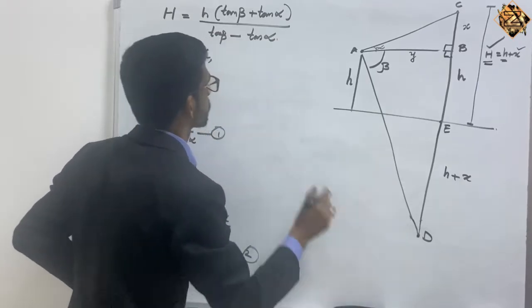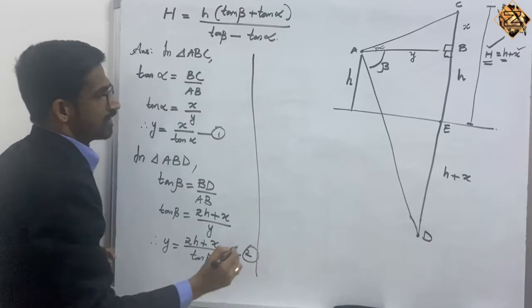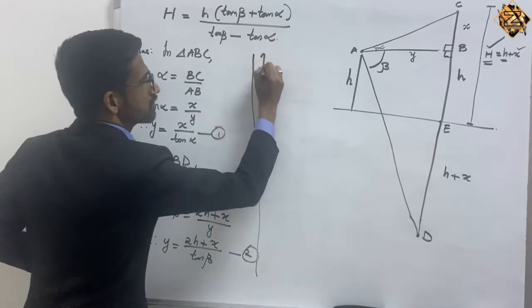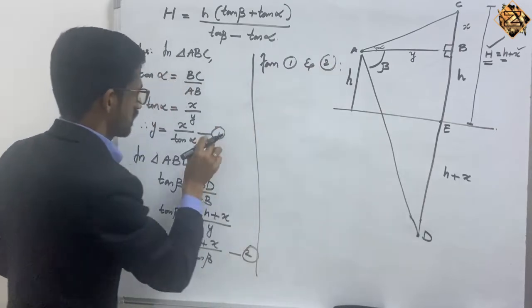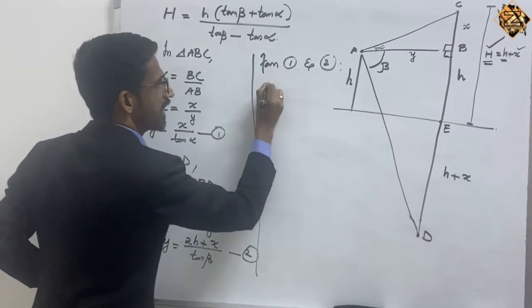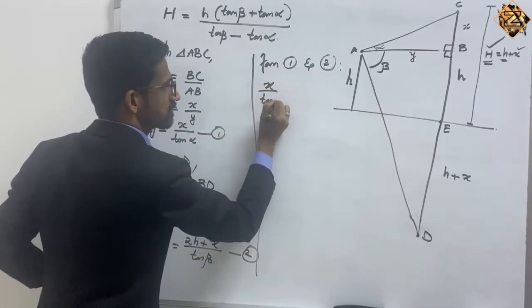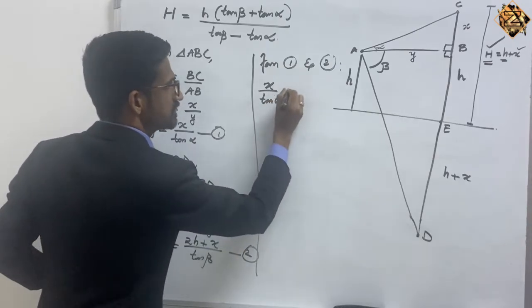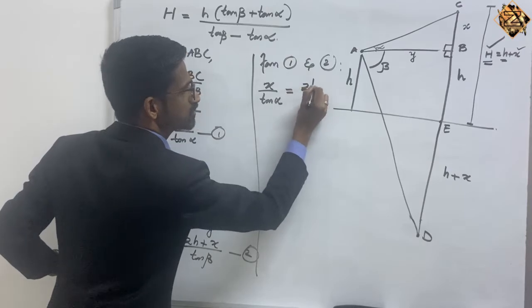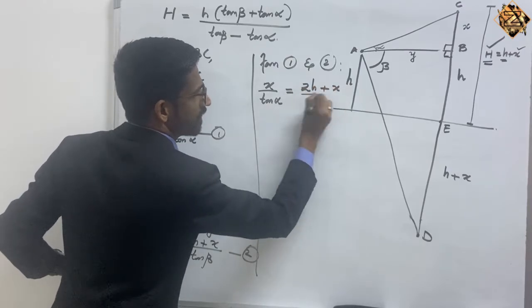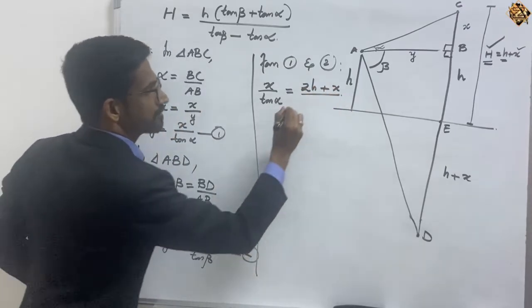Now from equation 1 and 2: from equation 1, y equals x by tan alpha, and y equals 2h plus x by tan beta.